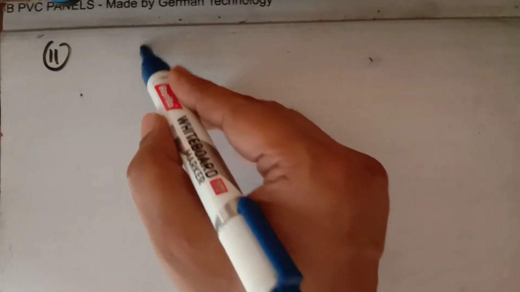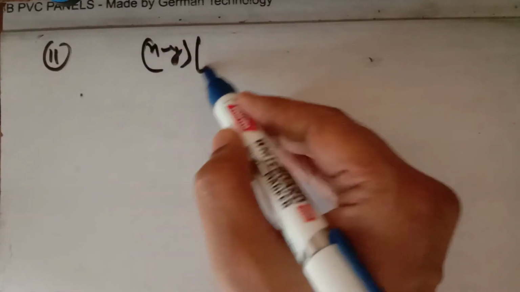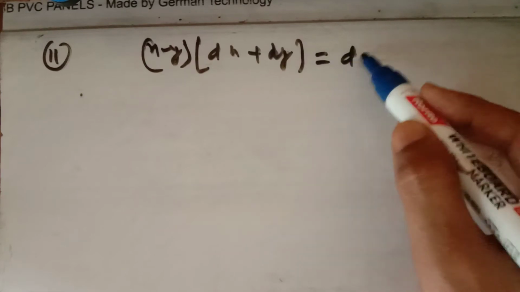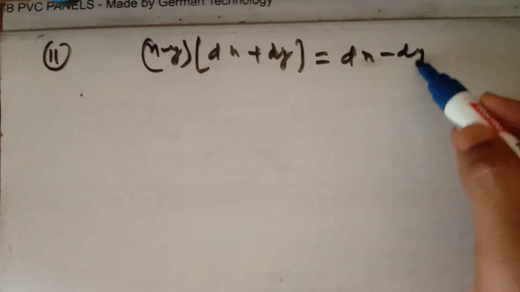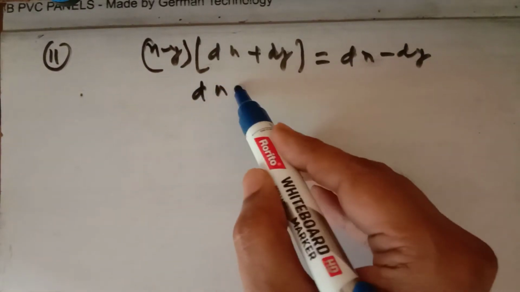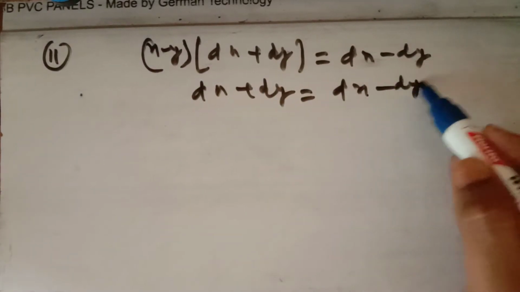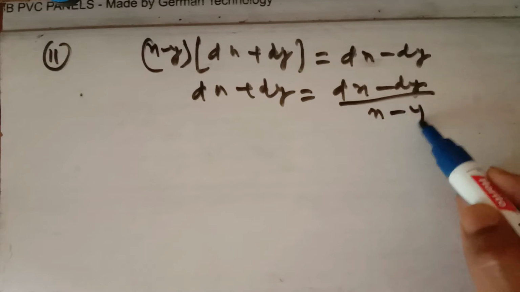Now in question number 11, we have (x minus y)(dx plus dy) equal to dx minus dy. Now dx plus dy will be equal to (dx minus dy) upon (x minus y).